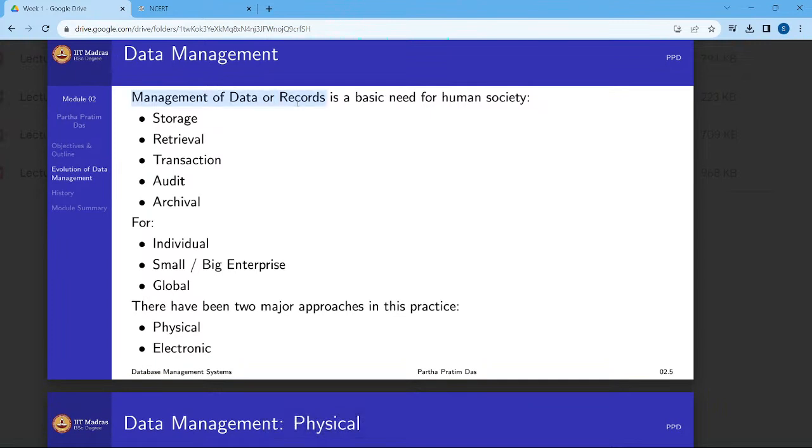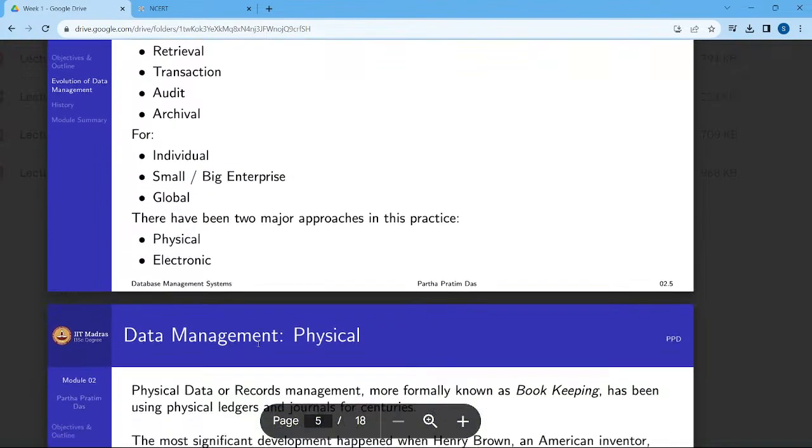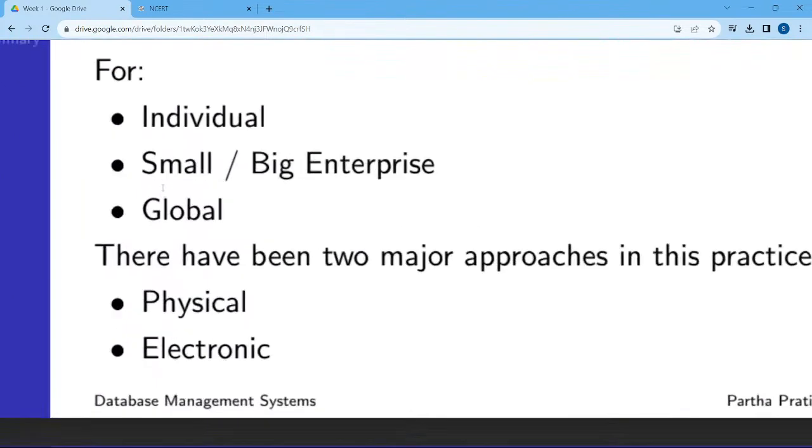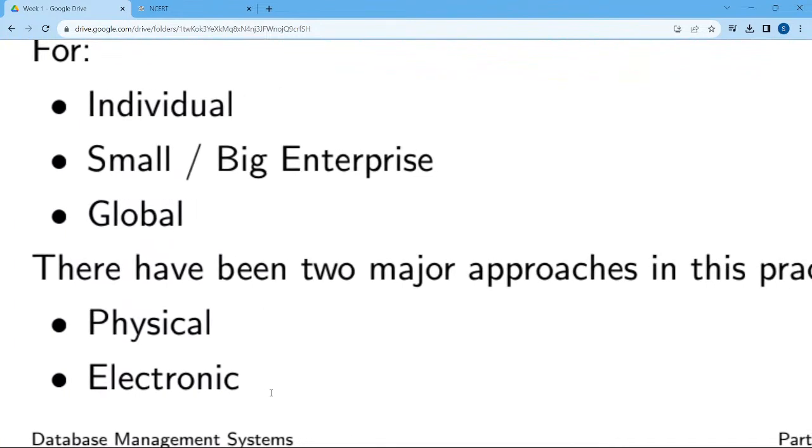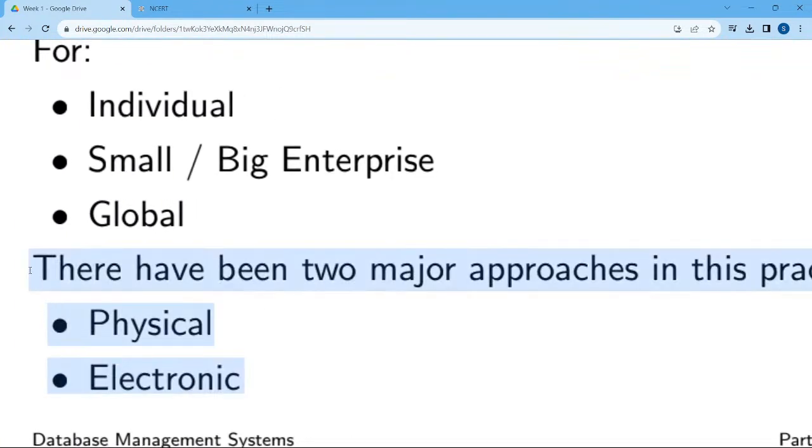Management of data or records is a basic need for human society. Audit, archival, basic stuff for individuals, small to big enterprises, or even at a global level. There have been two major approaches in this practice, that is physical and electronic, right? Let me emphasize this one, because it would be repeated many times in this PPT.